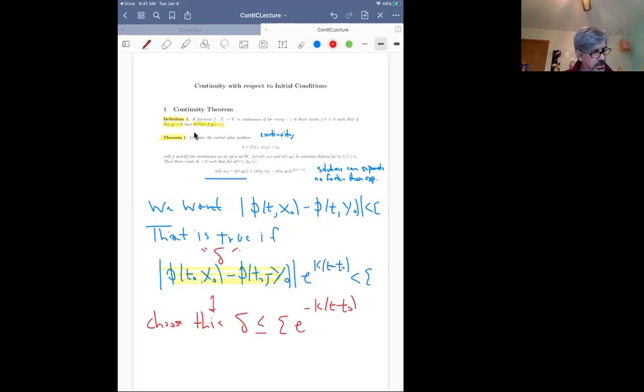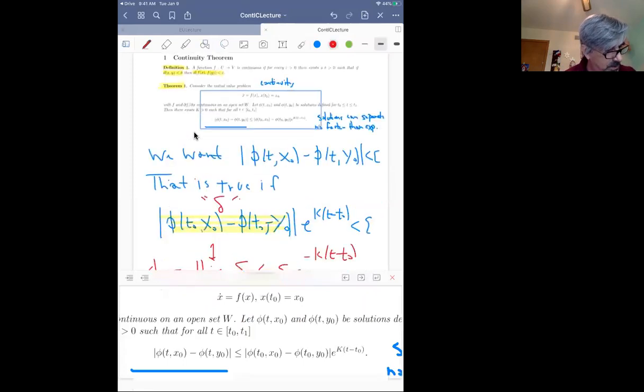So if I choose the points so that initially they are within that delta ball, so the distance between x naught and y naught is less than epsilon times e to the minus k times t minus t naught, then since after time t the distance between them is that times e to the positive k times t minus t naught, those things cancel each other out, and you get that phi of t x naught minus phi of t y naught is less than epsilon.